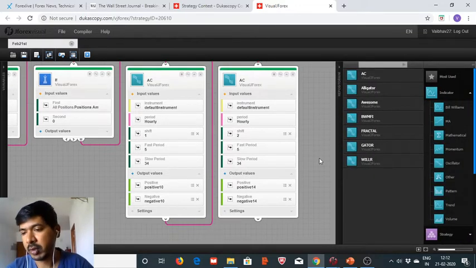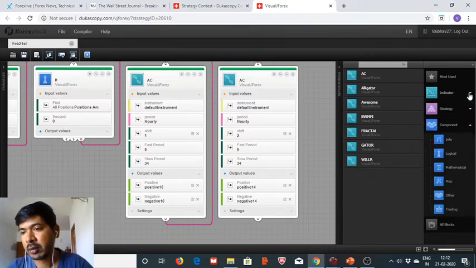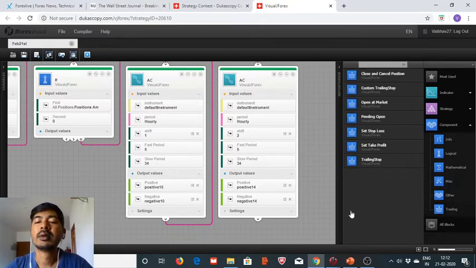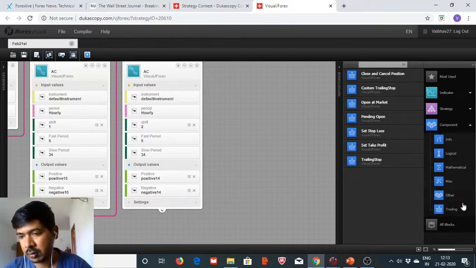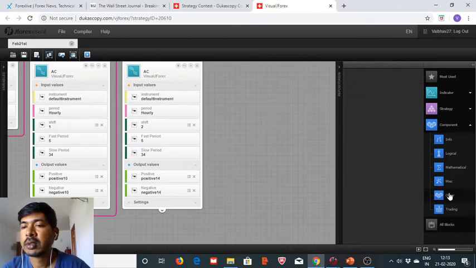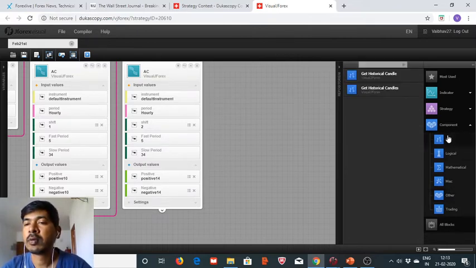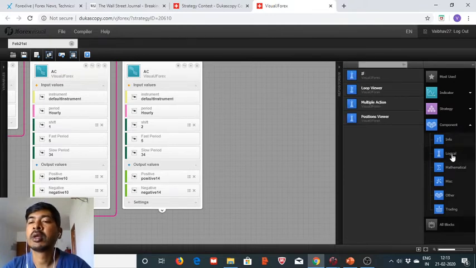And let's bring in the multiple action block. We will need to take in another, I think info, no, we will need the logical.